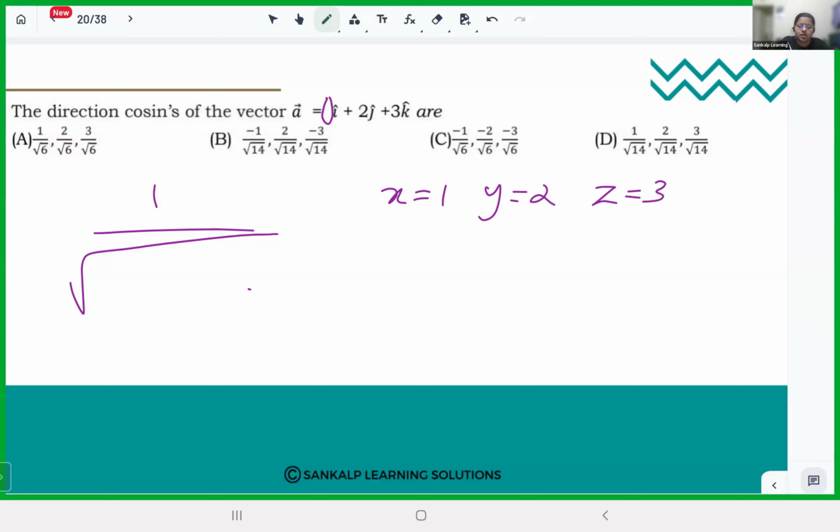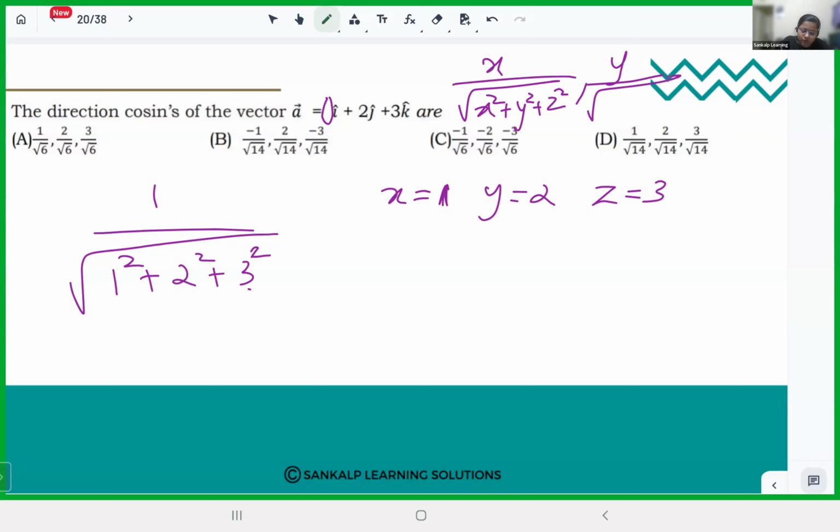Okay, so what will be the direction cosines? First one will be 1 by root of 1 square plus 2 square plus 3 square. Actually, it is x by root of x square plus y square plus z square. Then y by root of x square plus y square plus z square, and z by root of x square plus y square plus z square.